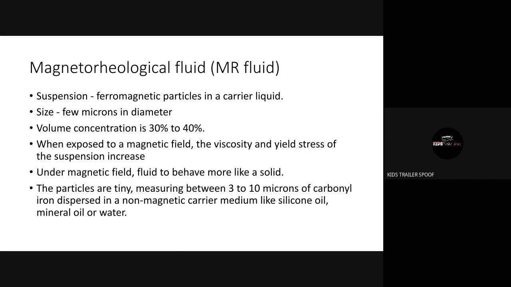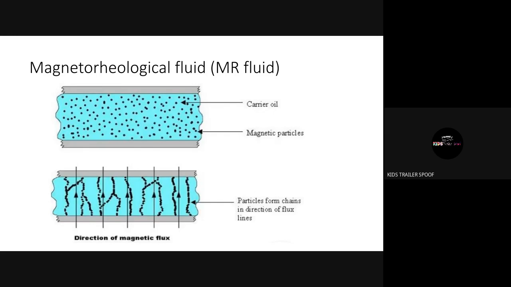These particles are there in the suspension, and the carrier medium used is silicone oil, or mineral oil, or water, anything. Now you can see in the first figure, there are magnetic particles suspended within the carrier oil, and you can see they are distributed randomly.